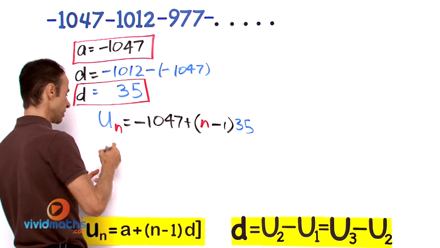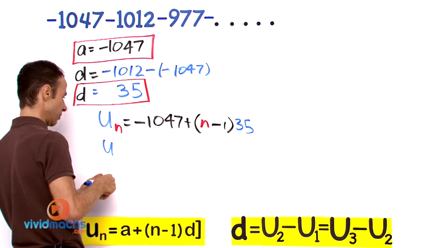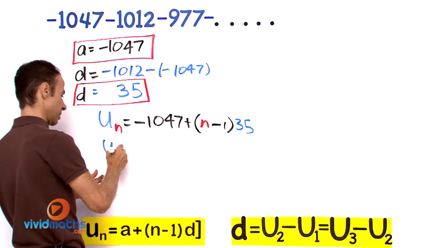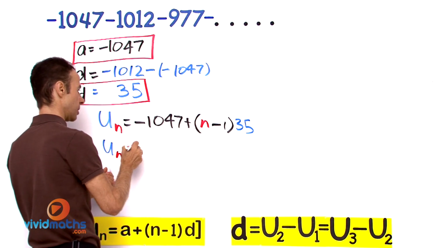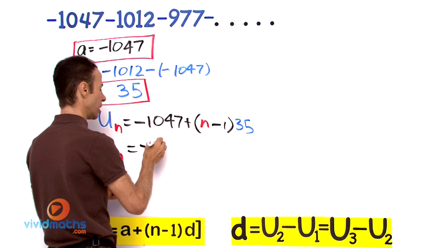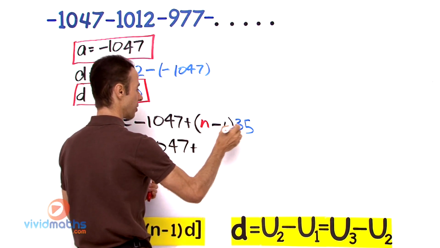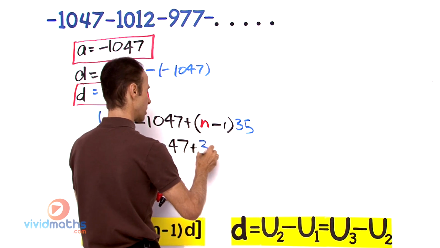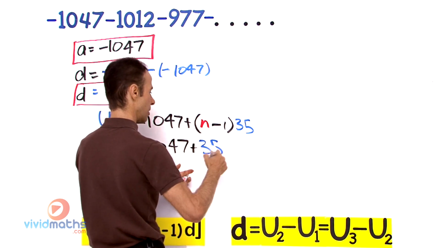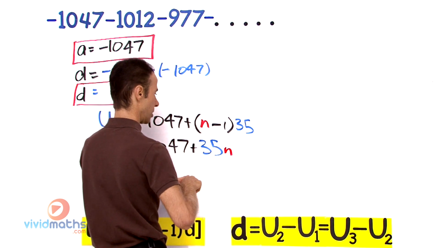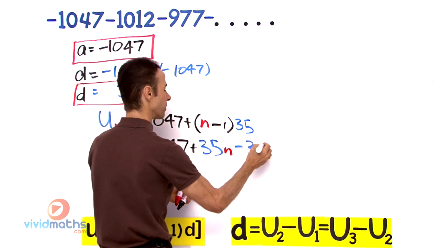Let's simplify this further for that rule. We have negative 1047 plus 35n, take away 35.